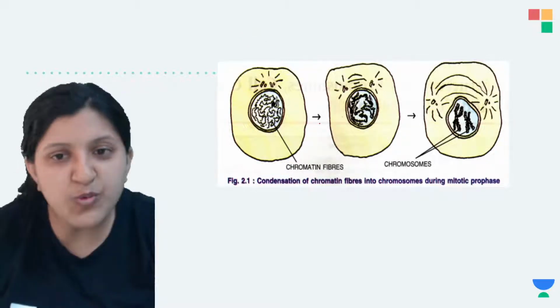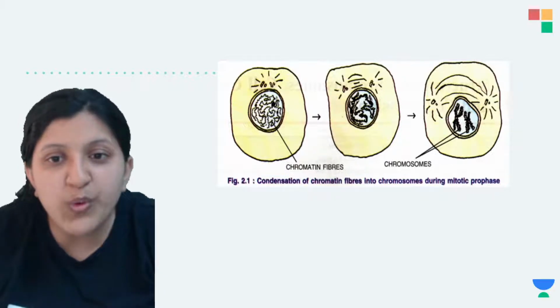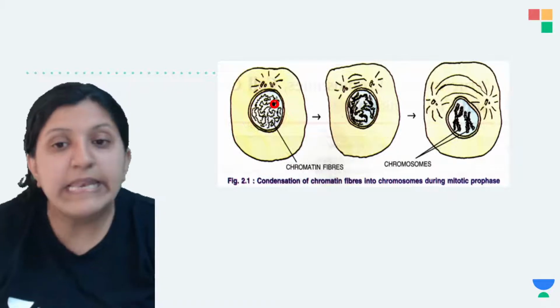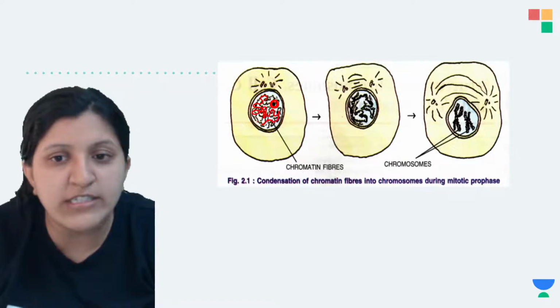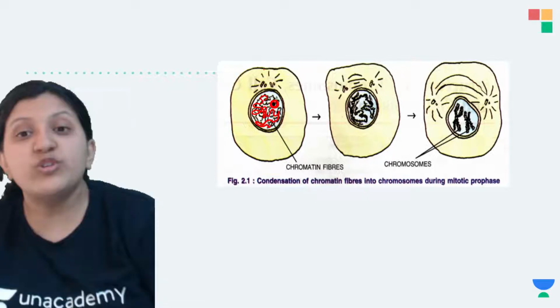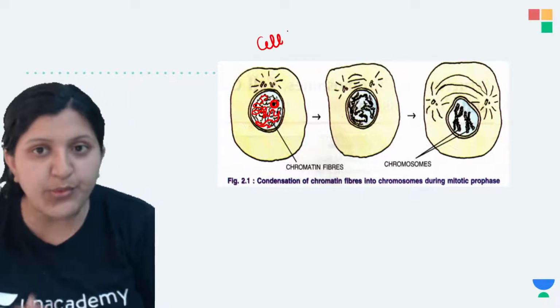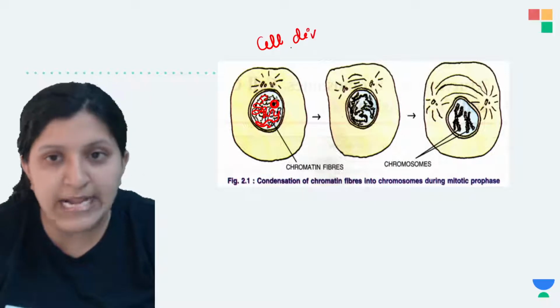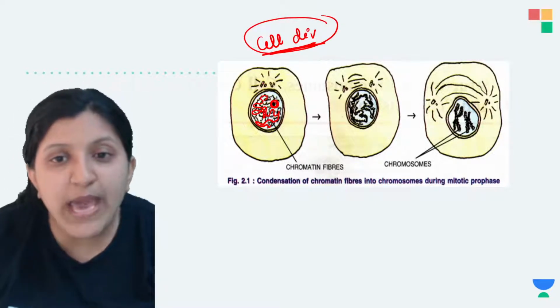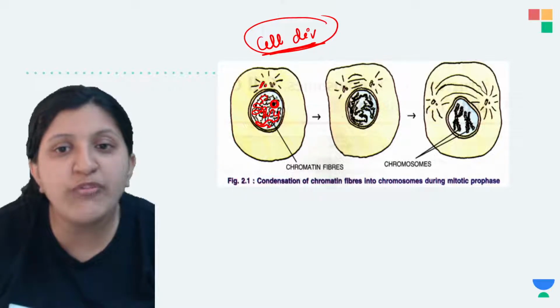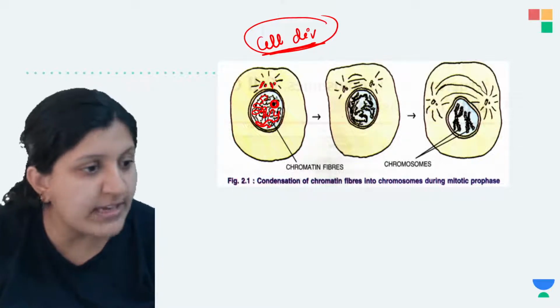Okay, so now this one is a cell. You can observe in this cell, this part is the nucleolus. Now this part you see here is actually a chromatin fiber. Now this cell is getting ready to undergo cell division. When the cell division has to occur, you can see that the centrosome is divided into two.